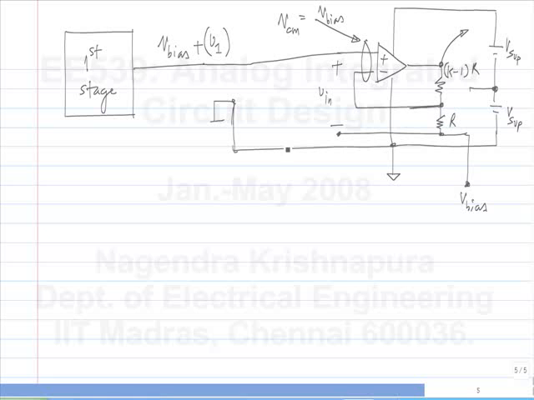So the output is V bias plus K times V1. Okay? So this in fact behaves like this one, right? It has its output around a bias value of V bias. So when you have to connect it to the next stage, you have to do something similar. Okay?